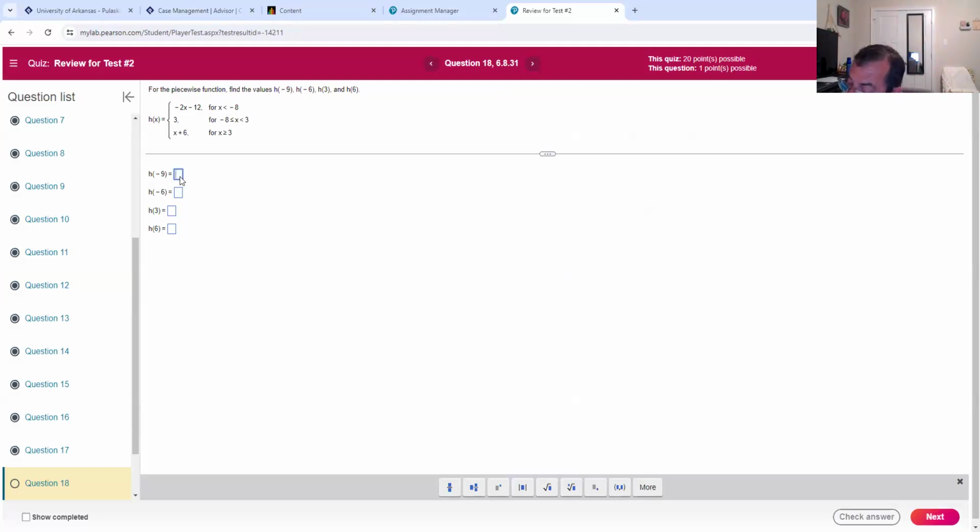And then it equals x plus 6 for any x's that are greater than or equal to 3. So they want h of negative 9, h of negative 6, h of 3, and then h of 6. So I'm going to work these out, and then we'll come back and put them into our answer blanks.